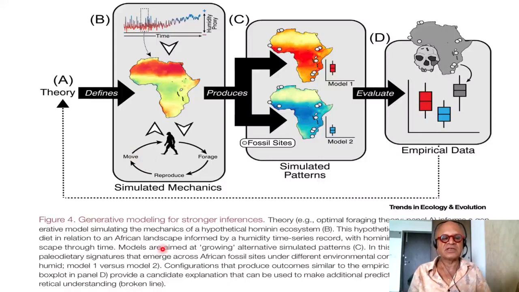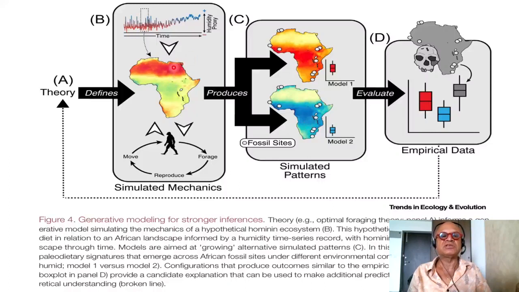Right? Those are based exactly on these sorts of approaches. Models are aimed at growing alternative simulated patterns like this. Once you have a model, you validate it somehow, then you want to see what alternative scenarios can be produced to match the fossil data that is spread all over here.